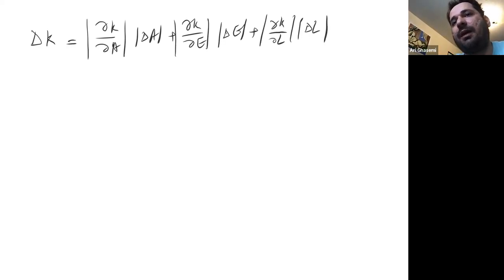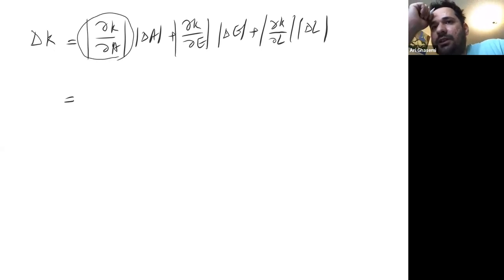Now let's go grab this formula and put it here. So what should I put for delta K over A? Go back and review your formula. What should I put here? Let's go substitute. What was the formula for delta K over A?